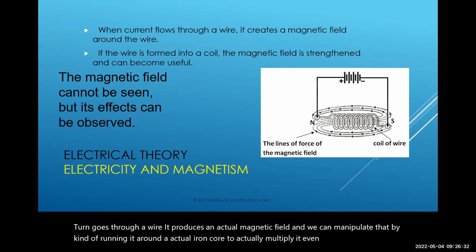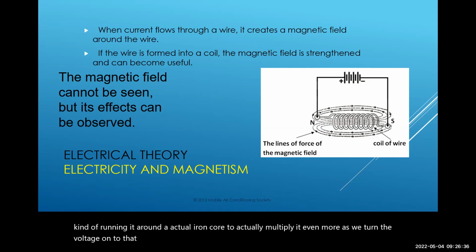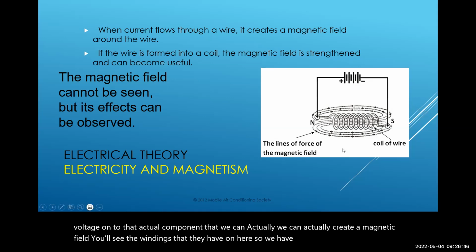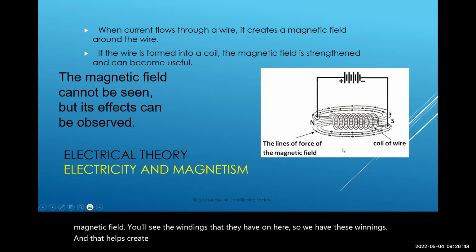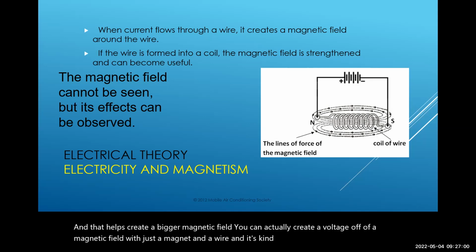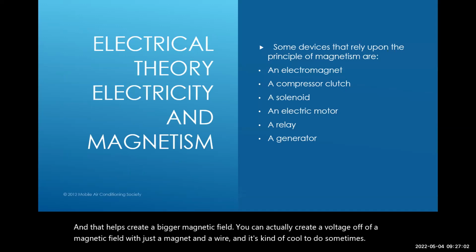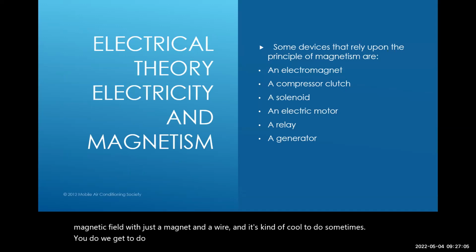As we turn the voltage on to that component, we can create a magnetic field. You'll see the windings that they have on here, and that helps create a bigger magnetic field. You can also create a voltage off of a magnetic field with just a magnet and a wire, and it's kind of cool to do sometimes. We get to do that in your electrical class.